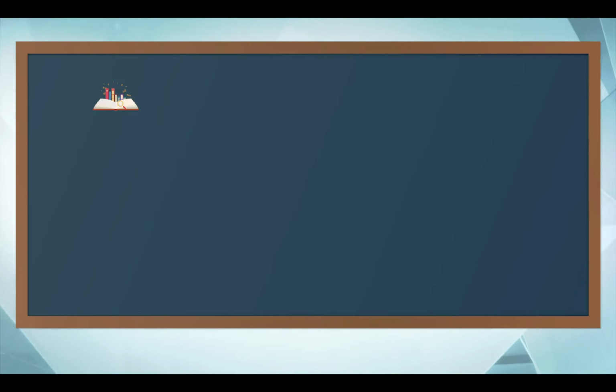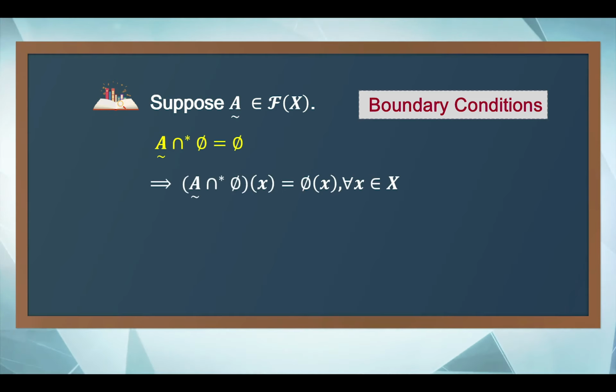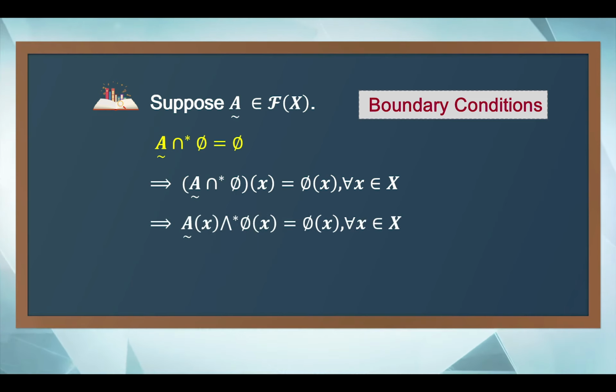Next, if the generalized intersection of A and the empty set is the same as the empty set, then the generalized intersection of A and the empty set of x is the same as the empty set of x. In other words, the generalized minimum of A of x and the empty set of x is the same as 0.